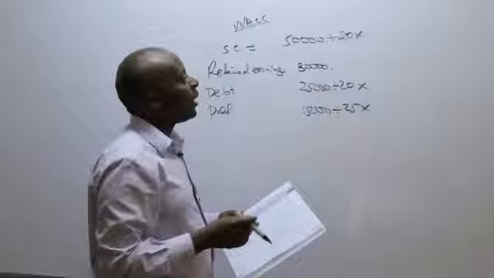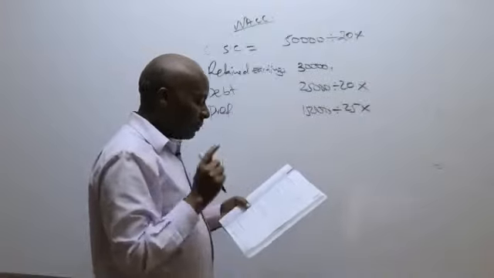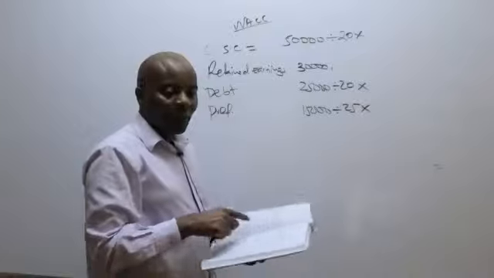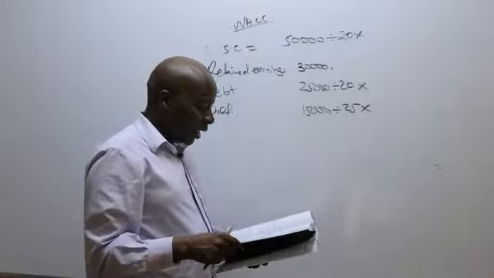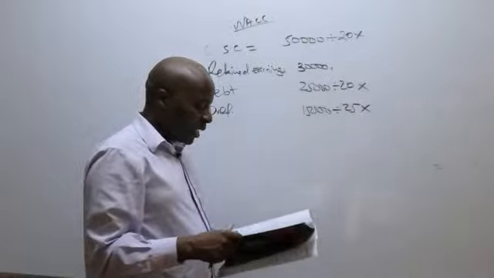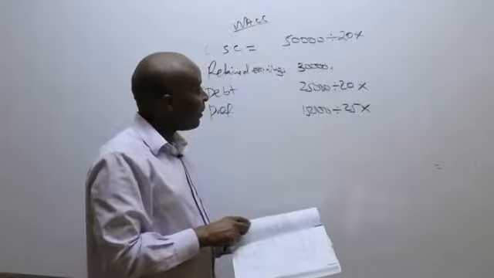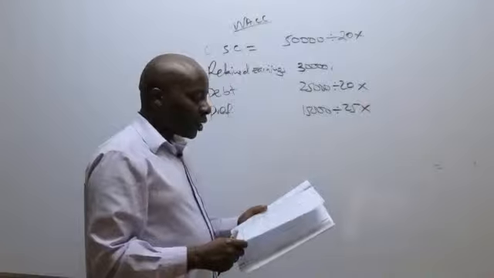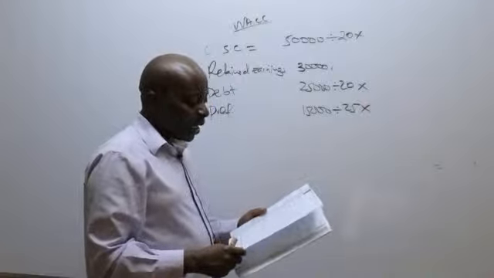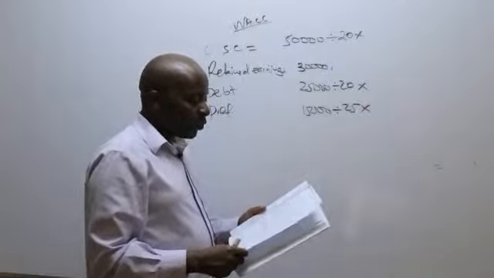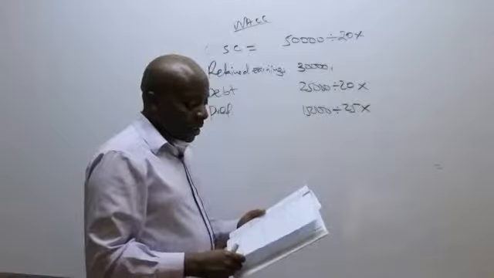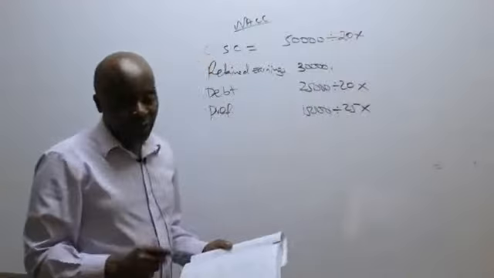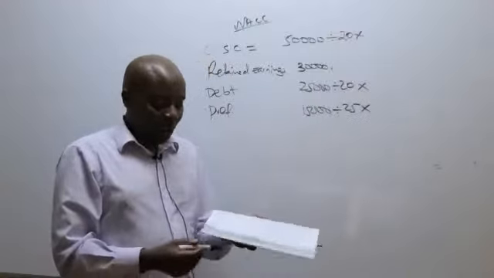Once you do that, multiply these parameters by the market price per share. Are you able to see the market price per share? What is the market price per share for the ordinary shares?